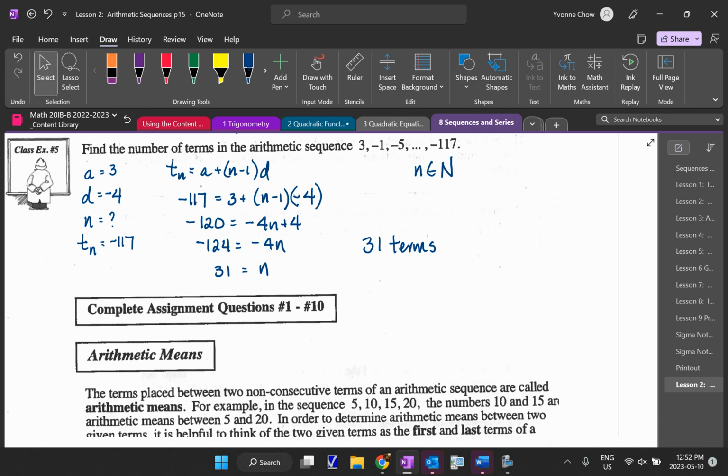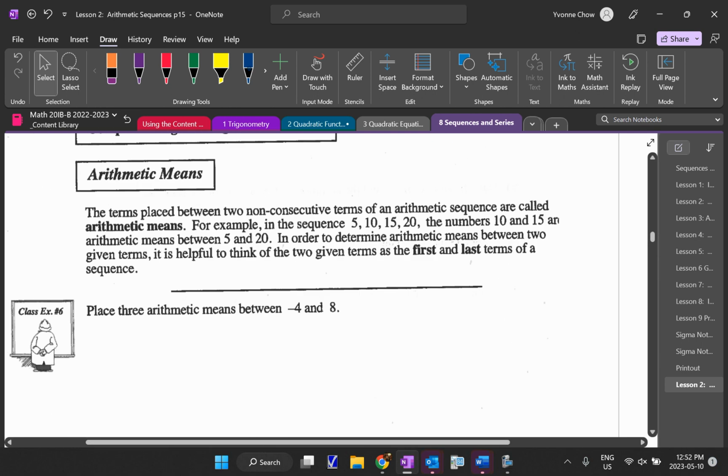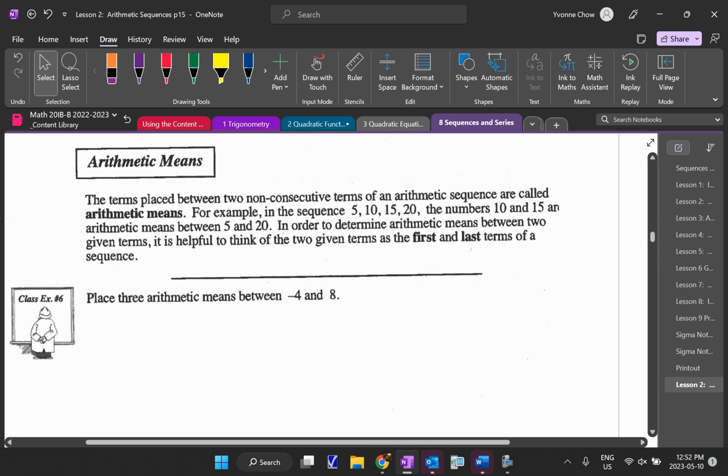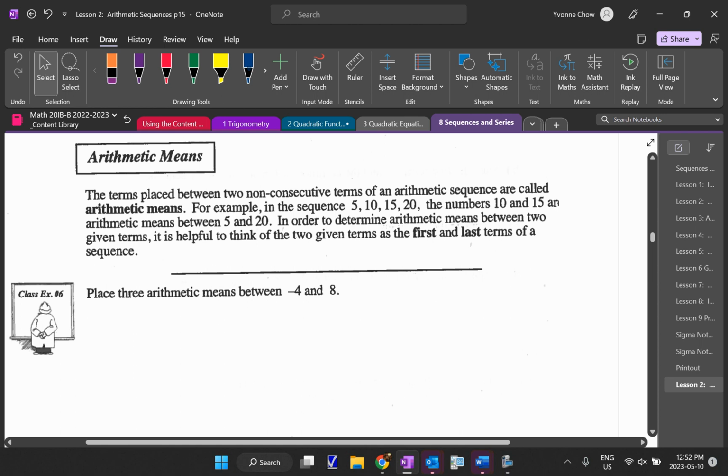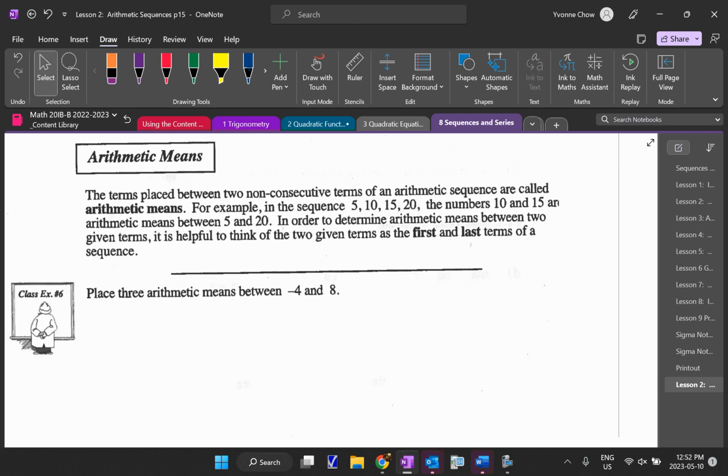Okay? So let's take a look at arithmetic means, and there's a few different ways to solve arithmetic means problems, but let's take a look at what arithmetic means are first off. Arithmetic means refer to terms placed between two non-consecutive terms of an arithmetic sequence.